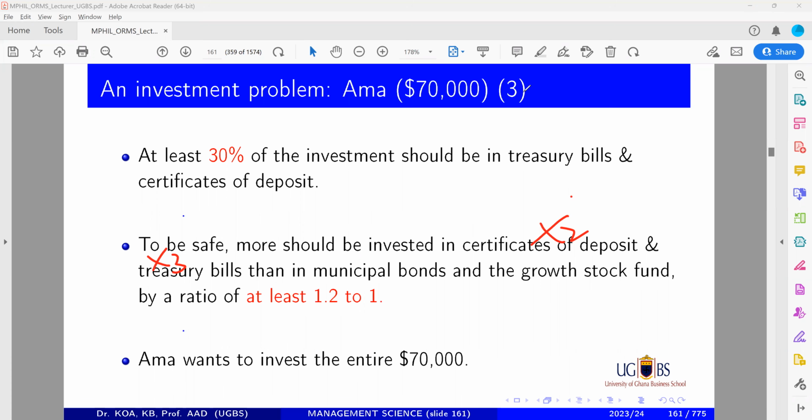All right. Who can formulate this for us? Now that you know X2 and X3, the other one, municipal bonds, will be X1, and growth stock fund will be X4. Okay, so now I've got something.